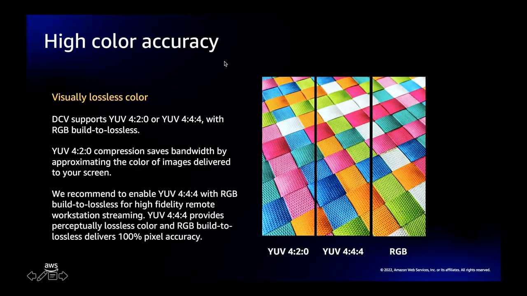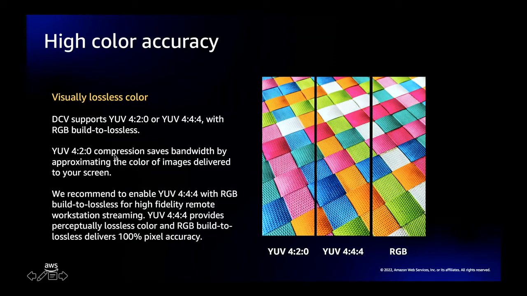What this means is that when something begins to move on the screen, the initial pixels DCV sends will either be 420 or 444, depending on your preference. But once the image becomes static, DCV will send a build to lossless pixel that is RGB to give you the truly lossless color.